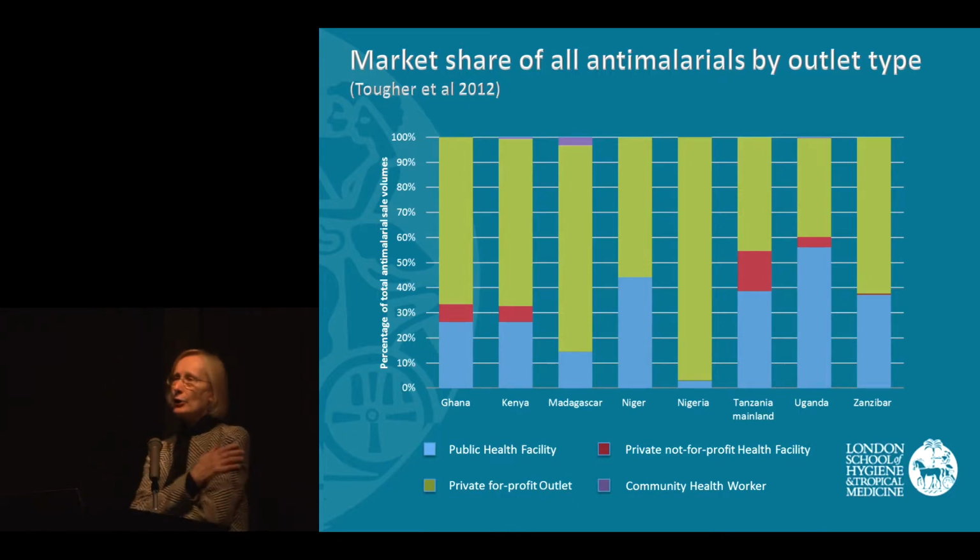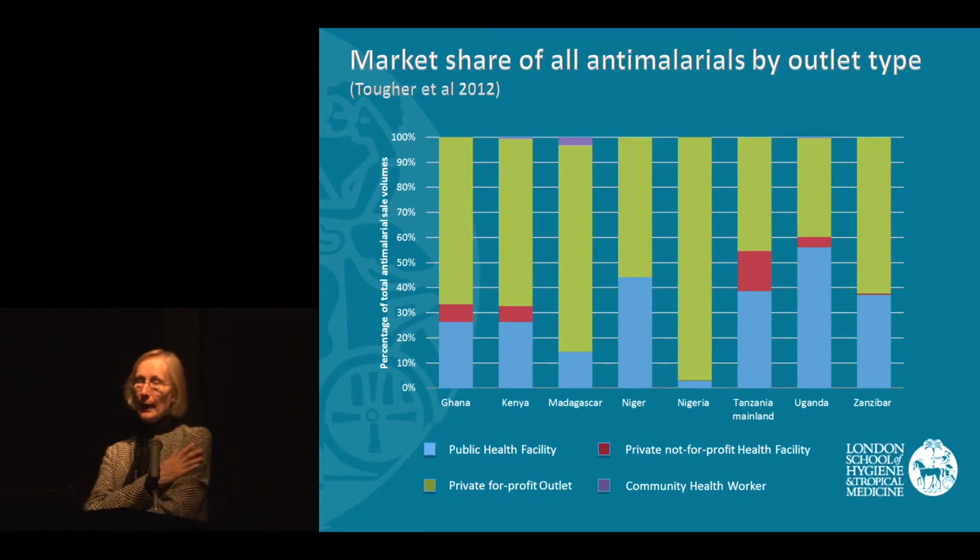There's been a lot of attention focused on retail drug sales for a number of reasons. One is clearly quality, concern about the quality of drugs. But in relation to malaria, it's been a major concern because of the growth of resistance to traditional drugs for malaria, particularly chloroquine. And chloroquine was the mainstay of malaria treatment throughout Asia and Africa for a very long time.